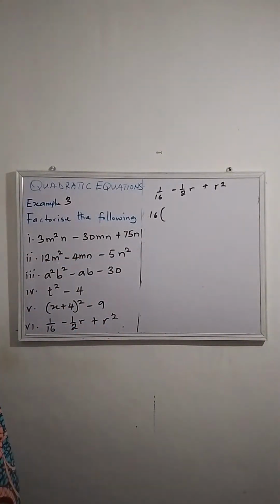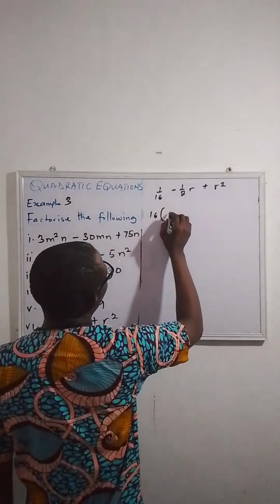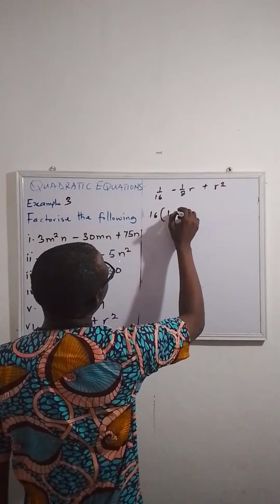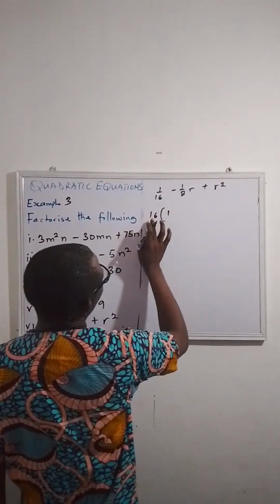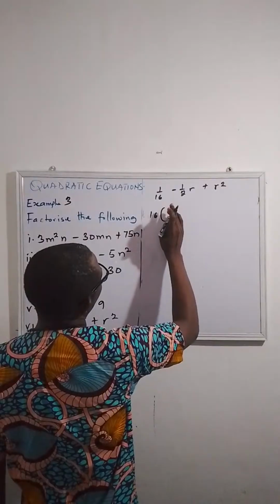What is it going to give us when you factor out 16? All right, so we have 1 plus, because when you multiply this by 1, okay.